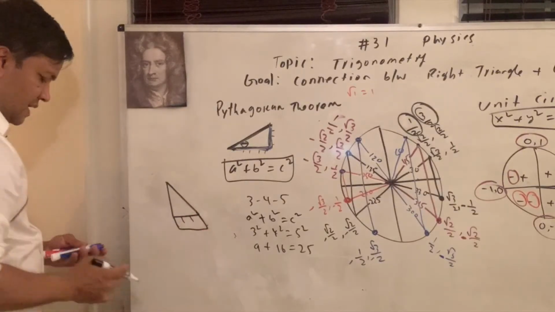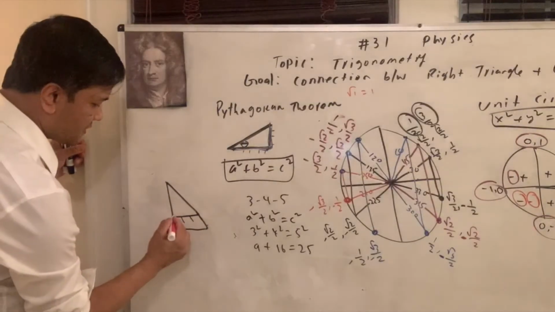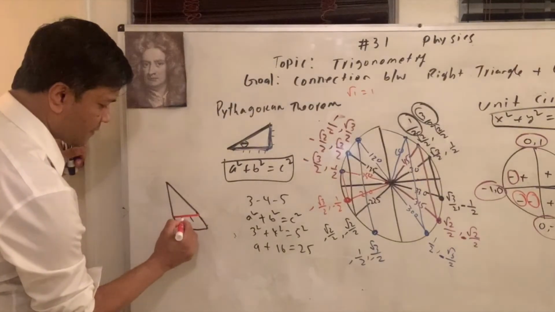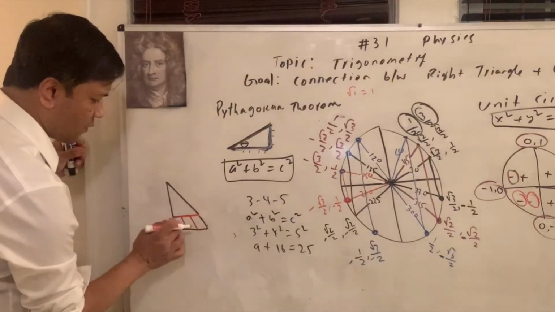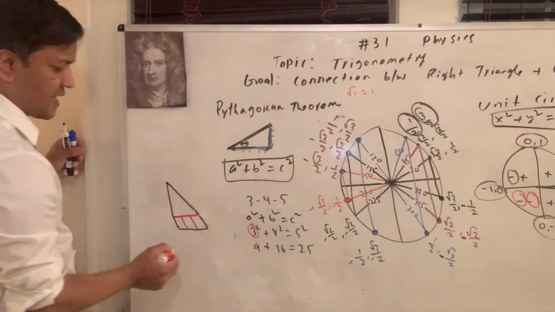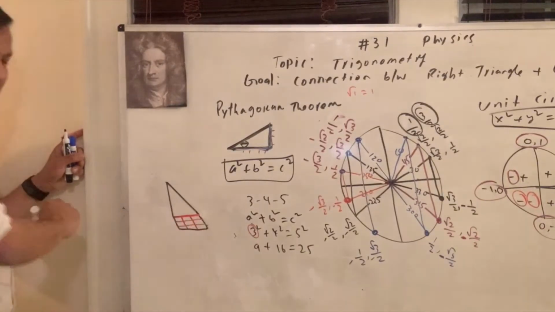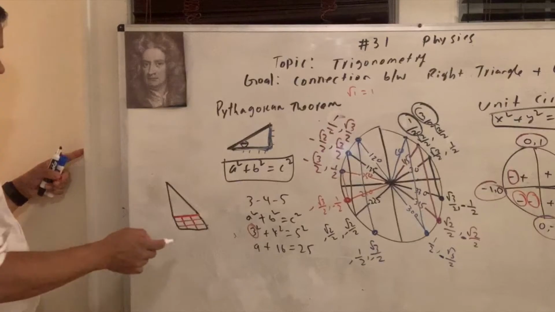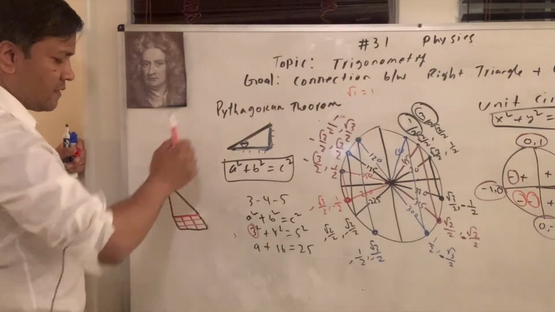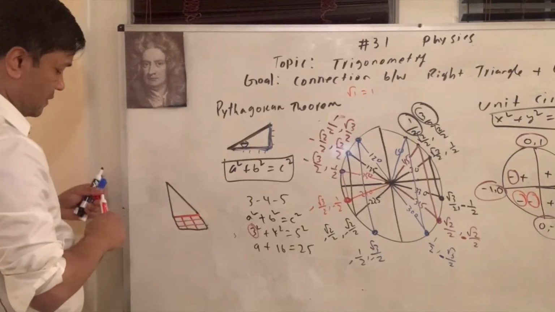I'm going to do it in a different color because it doesn't make sense to do it in the same color. So I have 3 over here, but 3 square is 9. So let's make 9. So now I have 9 over there. If you don't believe there are 9, you can count them. Trust me, there are 9.